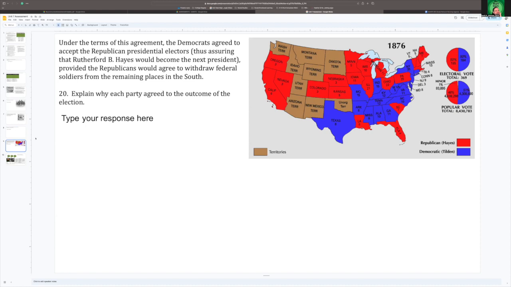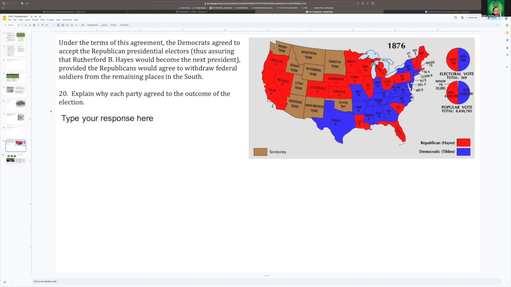Then we've got this beautiful map from 1876, and we're starting to look at the electoral votes of the election of 1876. We talk a little bit about how, under the terms of the agreement in the election of 1876, Democrats agreed to accept the Republican presidential electors, thus assuring that Rutherford B. Hayes would become the next president, provided Republicans would agree to withdraw federal soldiers from the remaining places in the South.